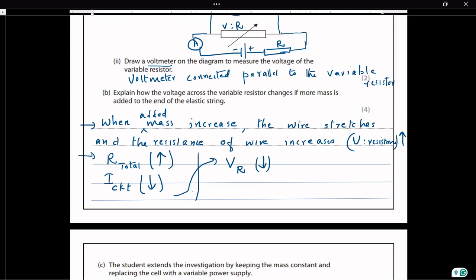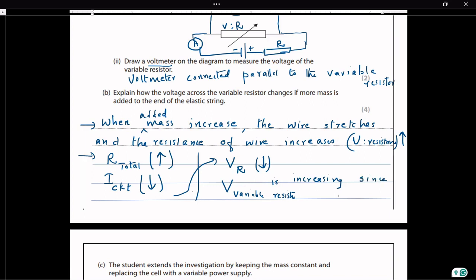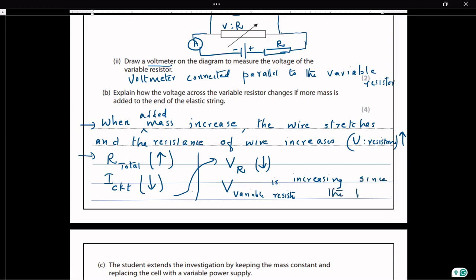When the voltage drop across the fixed resistor decreases, the voltage of the variable resistor is increasing, since the cell voltage is constant.